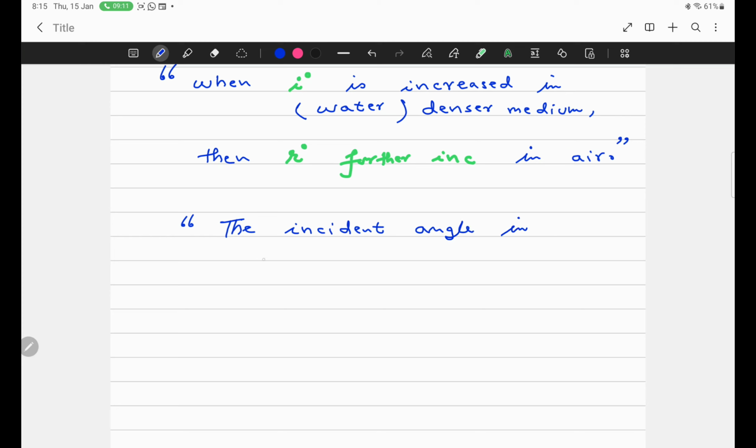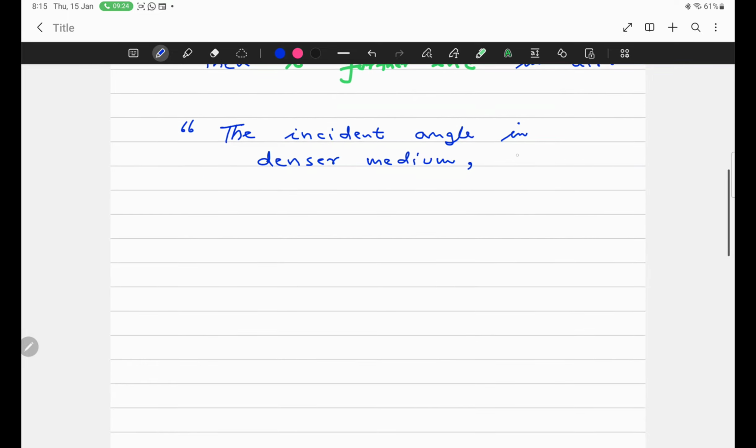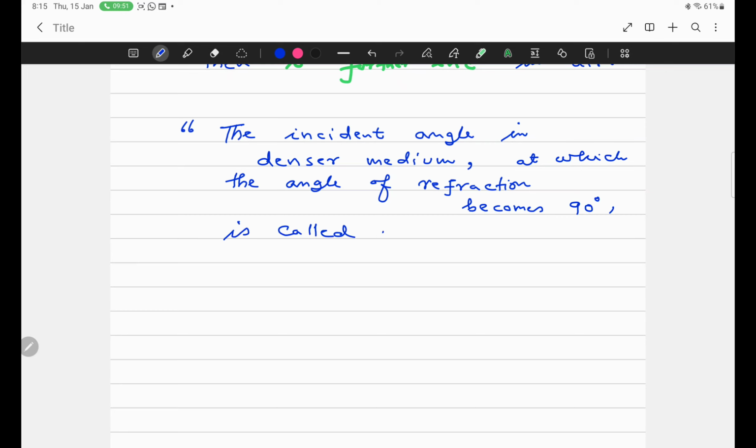The incident angle in the denser medium at which the angle of refraction becomes 90 degrees is called the critical angle. Do not write this, I will share this PDF with you, okay?